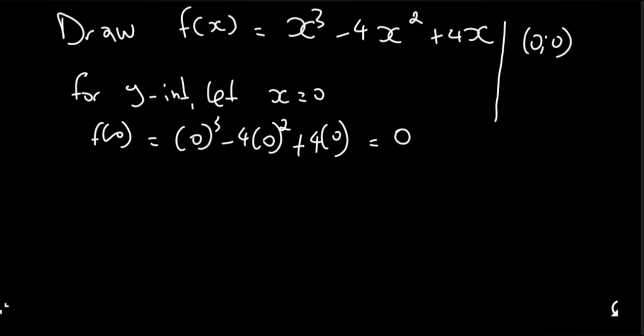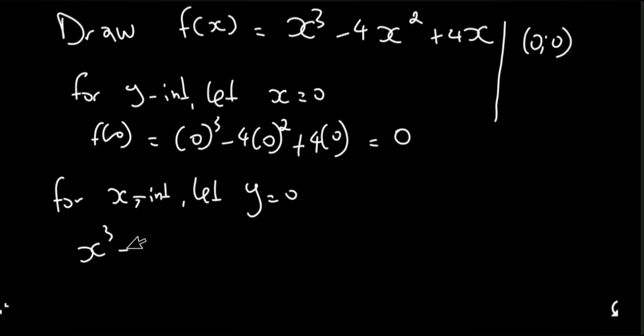And now we need to find the x-intercept. For the x-intercept, let y equal 0. So it's going to be x cubed minus 4x squared plus 4x is equal to 0. Let us factor out x in this equation.